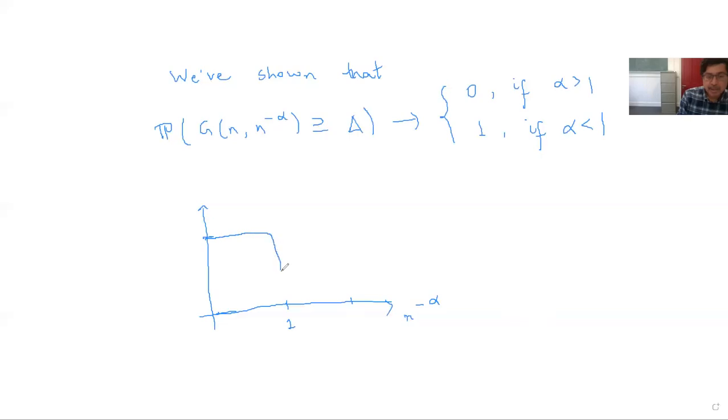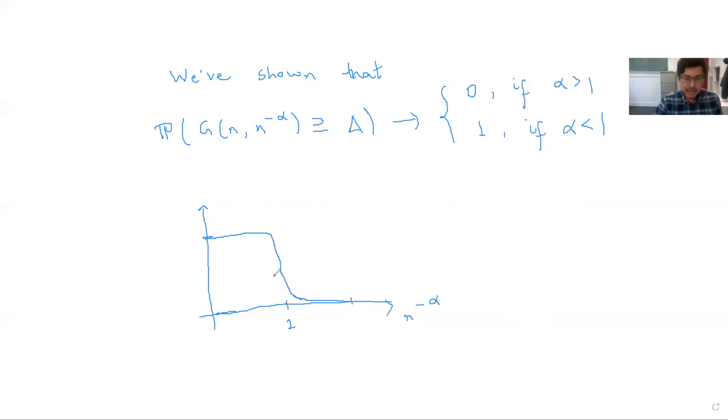And for alpha bigger than 1, it's close to 0. So that for large n, there's a smooth but steep transition around 1. And as n goes to infinity, these transitions get sharp, become discontinuous in the limit. Okay, so this is the main result.